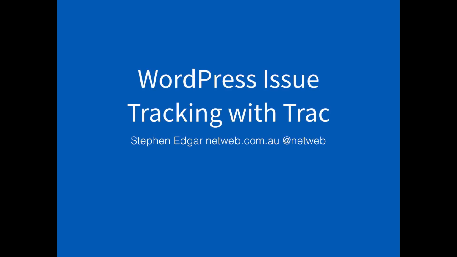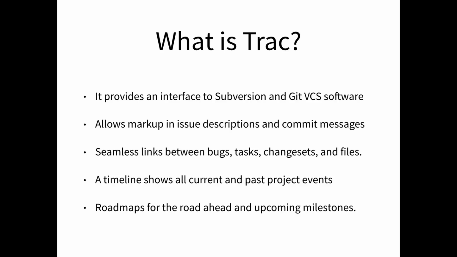WordPress uses an issue tracker called Trac, and what this does for us is it's a front-end interface to Subversion, which is version control software similar to Git.